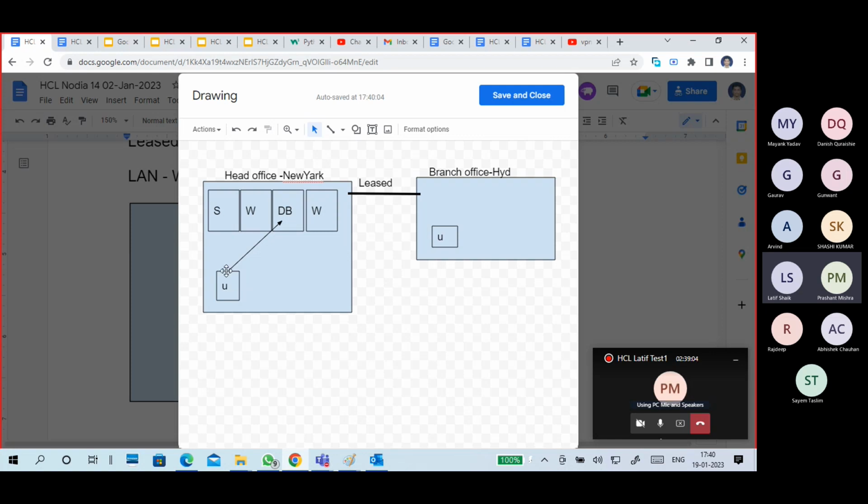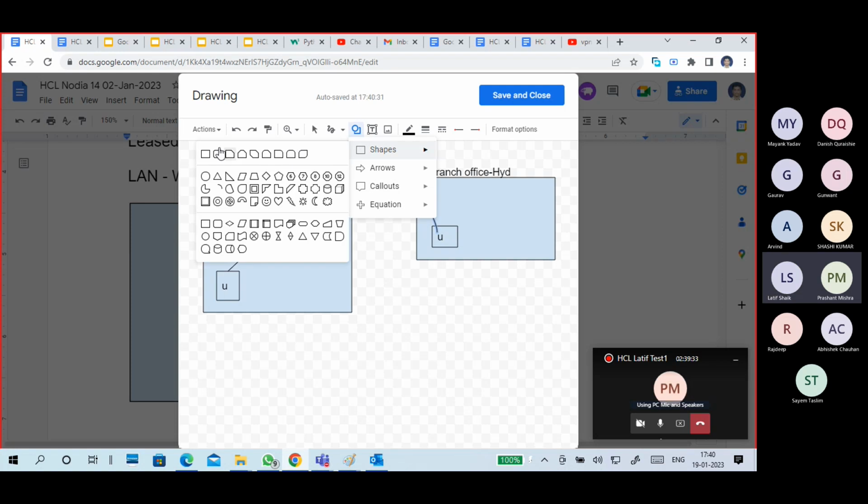So how you connect from this user to this database server, the same way you can get connected, through these leased lines. How you connect in the same LAN, the same way you will connect. We don't need to use any separate IP address kind of stuff.